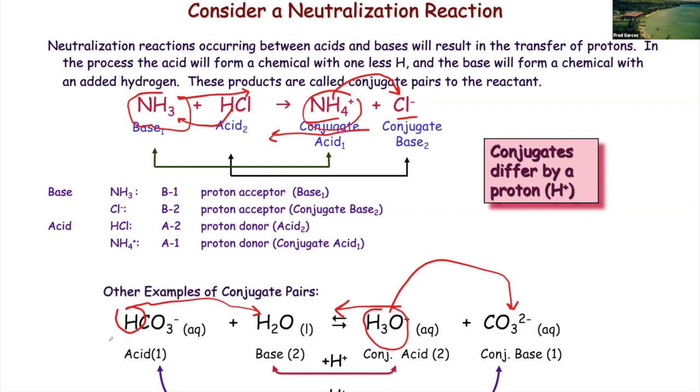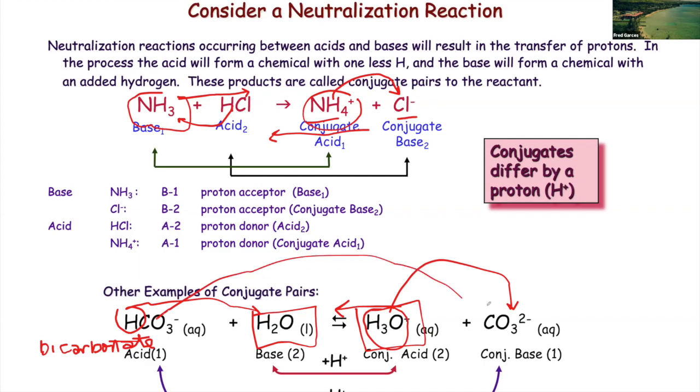Remember, this chemical is called bicarbonate. And this chemical is called carbonate. So in the reverse direction, the carbonate is the base and the hydronium is the acid. The conjugate pairs are water and hydronium, and the other conjugate pair is bicarbonate and carbonate.